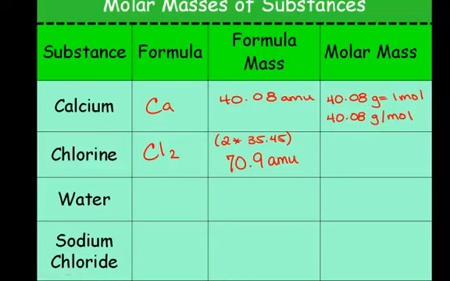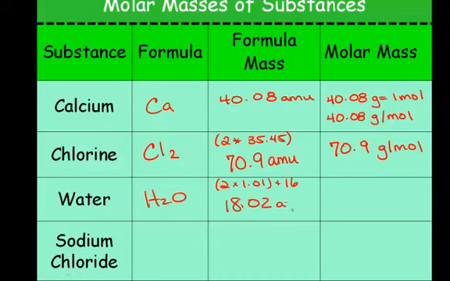So the molar mass of chlorine is 70.9 grams per mole. Water, H2O, has 2 hydrogens and 1 oxygen. So the formula mass of water is 18.02 AMU. So the molar mass of water would be 18.02 grams per mole.